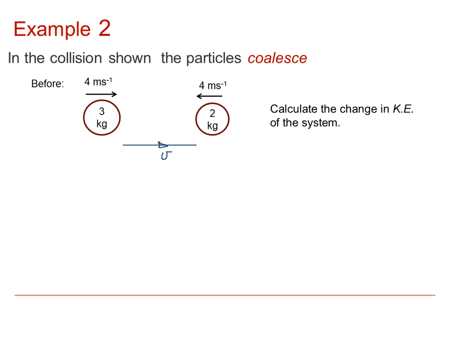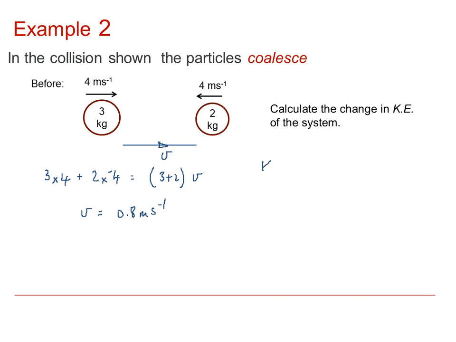So conservation of momentum tells us that the momentum before the impact, which is 3 multiplied by 4 plus 2 multiplied by negative 4, is equal to the momentum after impact, which is the total mass of 3 plus 2 multiplied by v. If we calculate that, we find that v is equal to 0.8 meters per second.